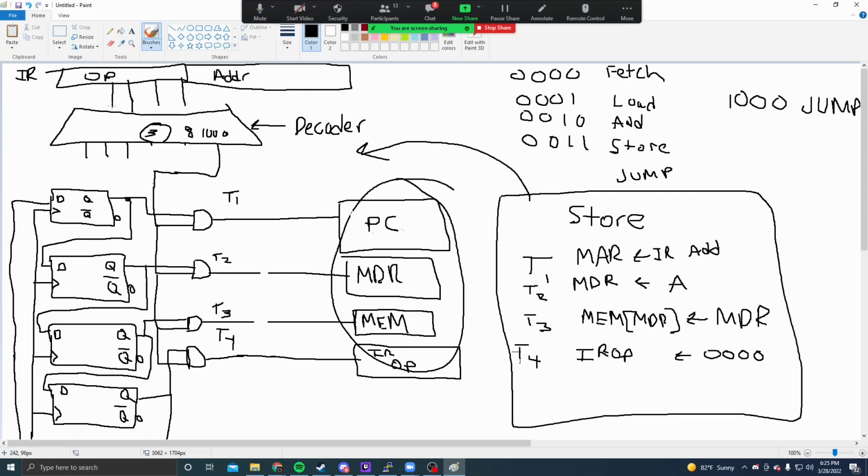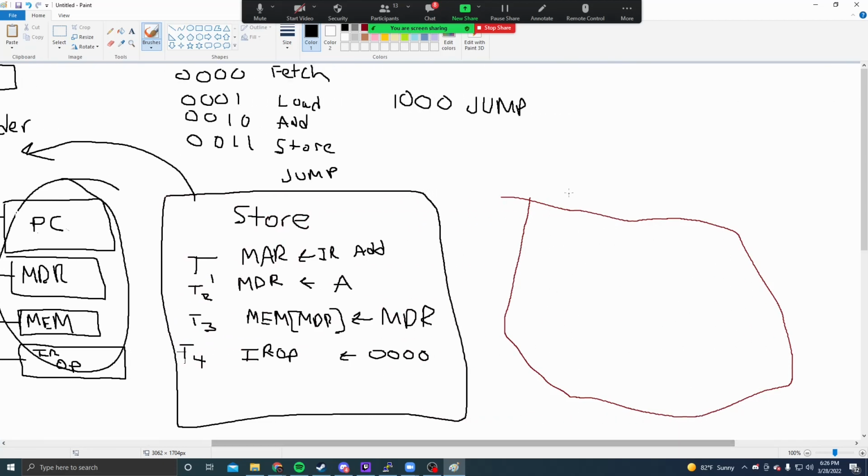Also, for the store command steps right here, what are the ones for jump? If you look in the Discord, I sent my notes there, and I have all of the instruction sets for all of them. Holly's notes also have very detailed notes with all of that.